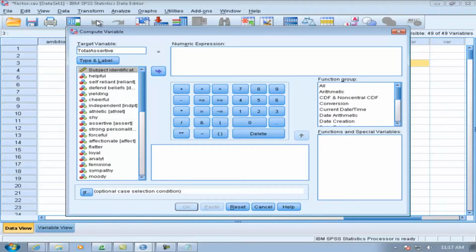Now, you're going to read to me the first one that loaded on there that was positive, okay? Defends beliefs.